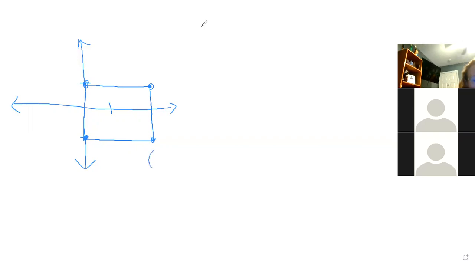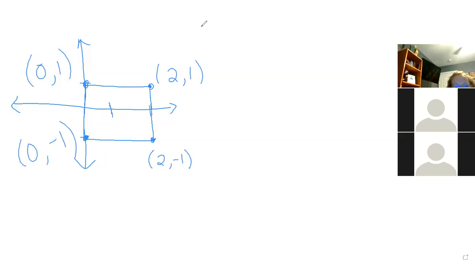So the coordinates of this point over here would be 2, -1, because it goes out 2 on the x-axis and goes down 1 on the y. This one would be 2, +1 is that top right corner point. This top left corner point over here is 0 on the x-axis and 1 on the y-axis. And then the bottom left corner point would still be 0 on the x-axis, but it's -1 on the y-axis.